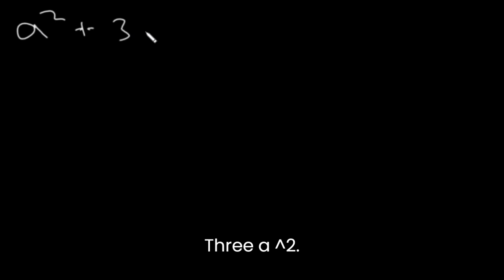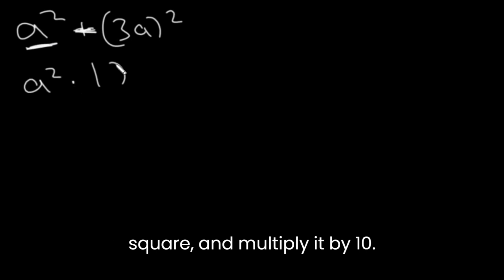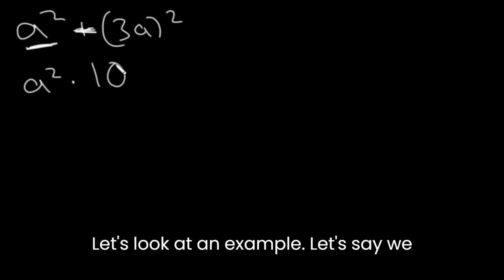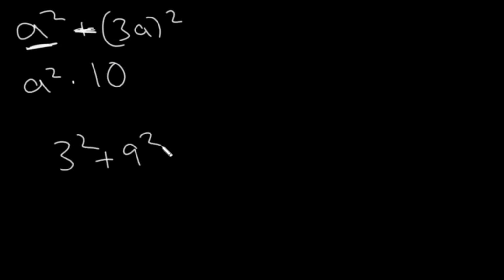Next, let's look at adding squares in the form a squared plus 3a squared. Now, for this, you're going to take this number, so a squared, and multiply it by 10. Let's look at an example. Let's say we have 3 squared plus 9 squared.